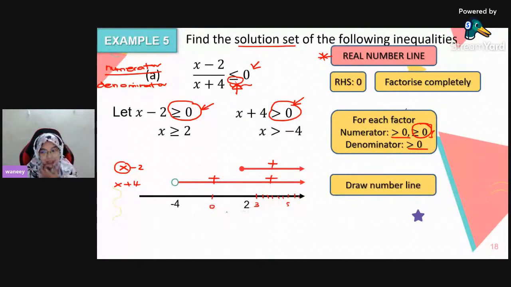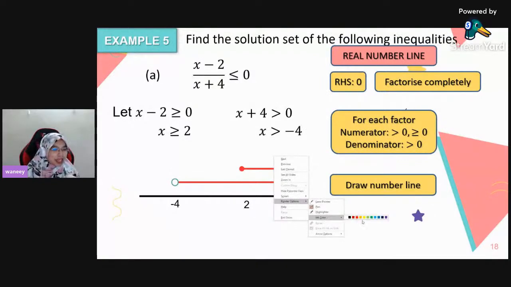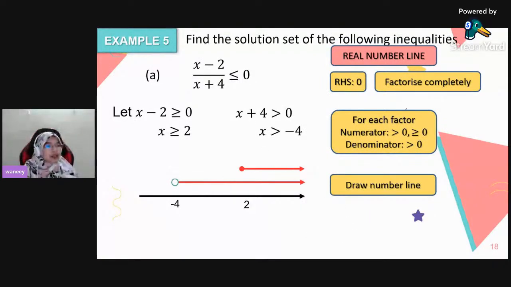Boleh ke? Sampai sini? Boleh? Okay, I repeat, okay? Right, so this is for x minus 2 greater than or equal to 0. And then x plus 4 greater than 0.